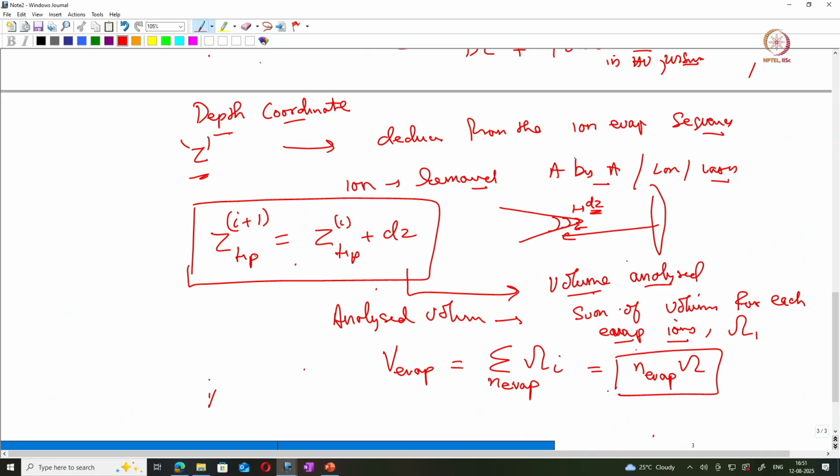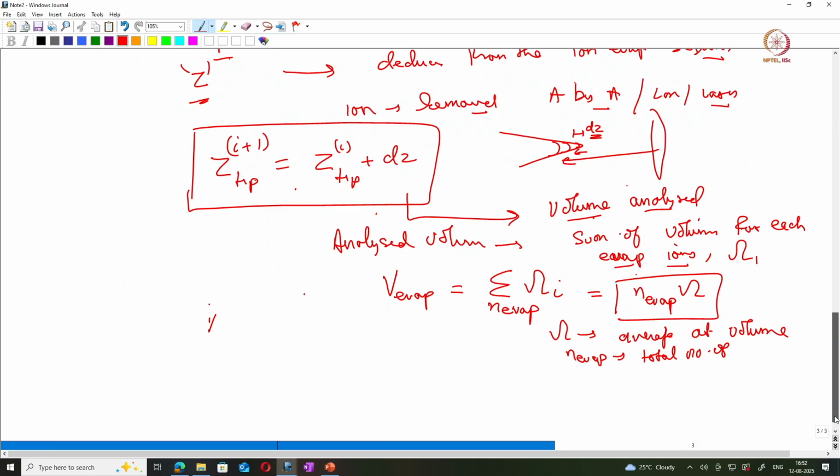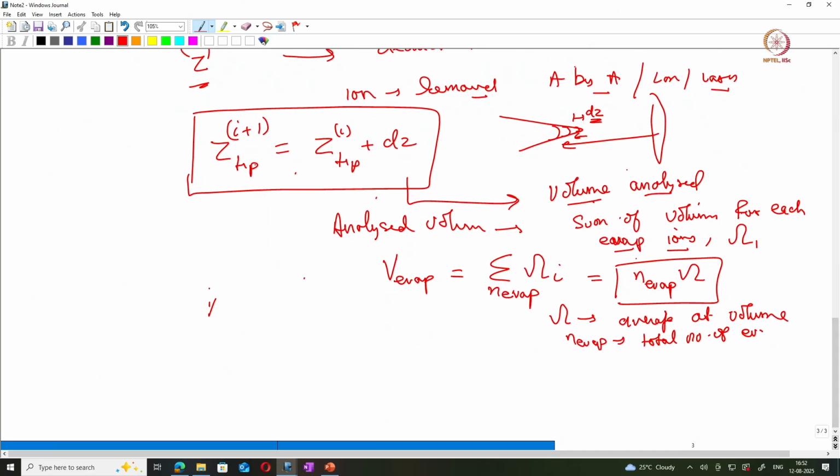Here omega corresponds to the average atomic volume and NEVAP corresponds to the total number of evaporated ions. We know that not all the evaporated ions will be detected, so there will be a detector efficiency.